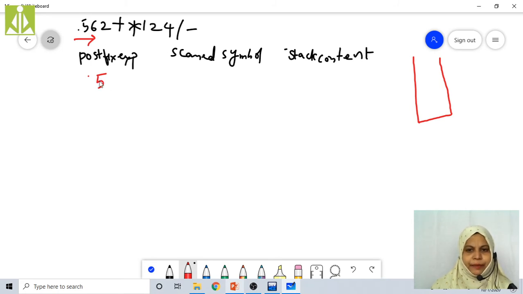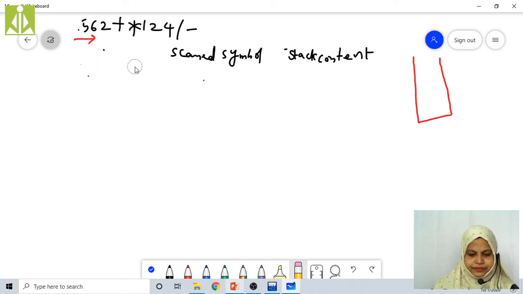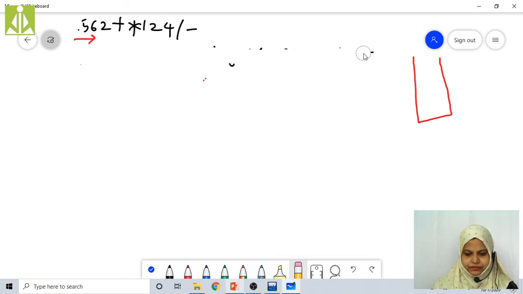It is an operand, right? 5 is an operand, so we have to push it into this stack. My scan symbol is 5 only. No need to write this one. Just I'll take 2 only. My scan symbol is 5.